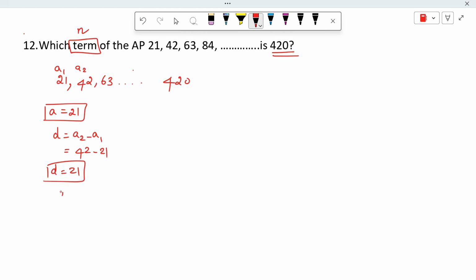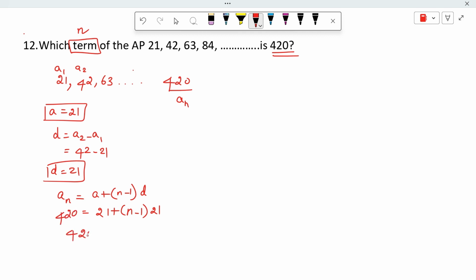So in order to find the nth term, I know an is equal to a plus n minus 1 times d as the formula. So A is 21 and n I don't know. I need to find that n, and this d is 21, isn't it? And an is the nth term, which is 420.